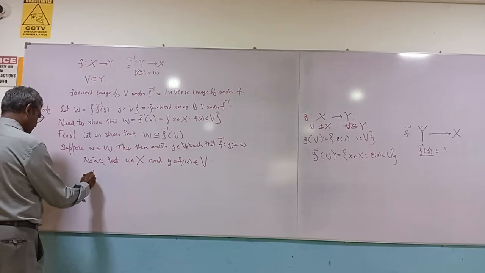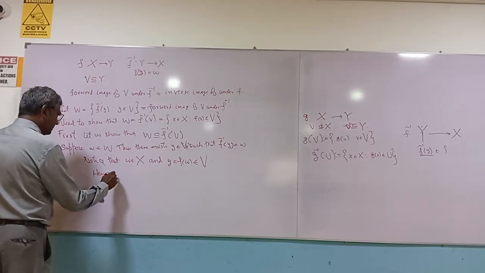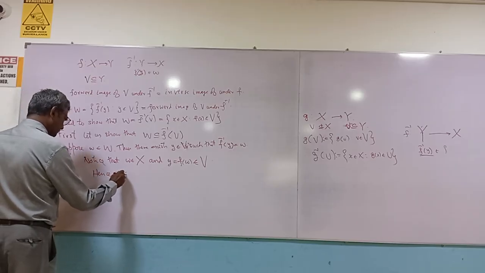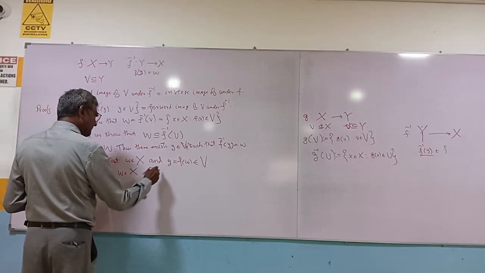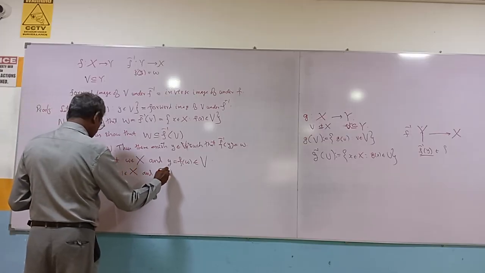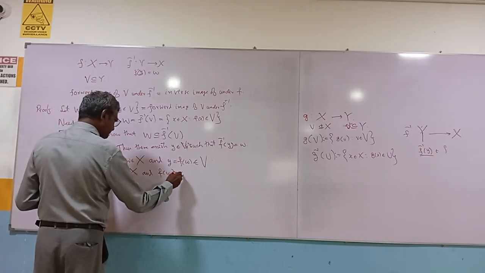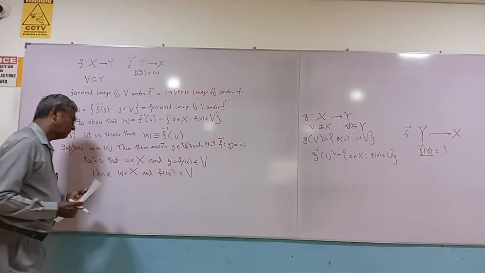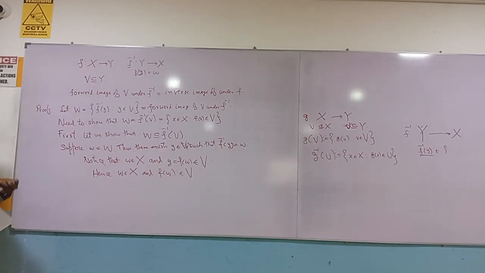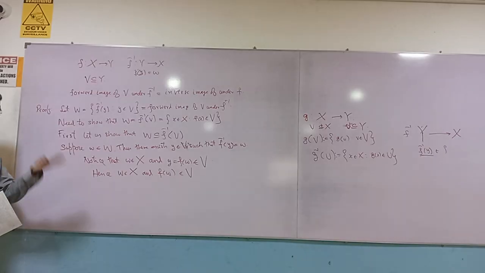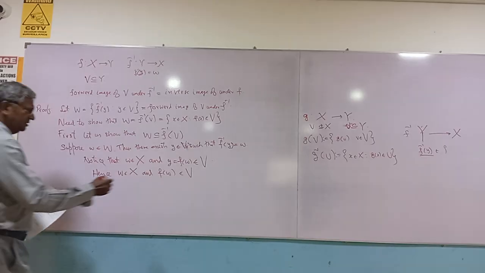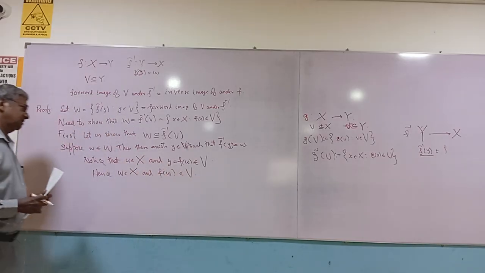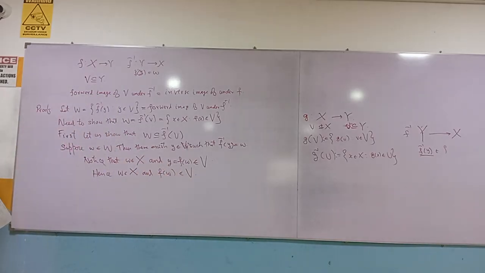Hence, W belongs to X and F of W belongs to V. Must be crystal clear, don't allow me to just go on without you understanding. Is this clear?